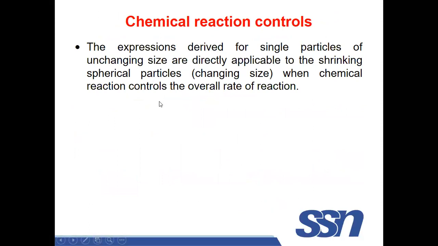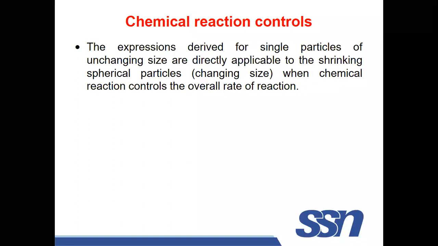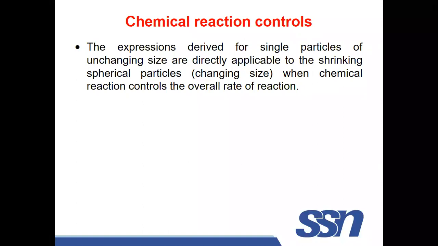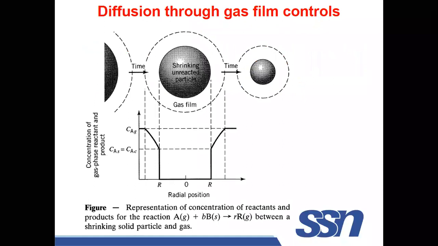So when there is a chemical reaction, what is happening? The expressions derived for the single particle of unchanging size are directly applicable to the shrinking surface. For a chemical reaction control, whether the particle is changing its size or not changing its size, the same expressions can be used, right?